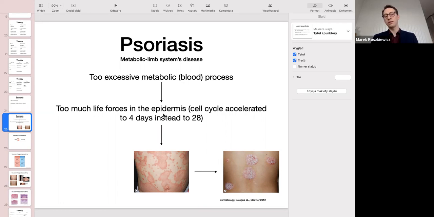And it is well known that these epidermal cells cycle from the stratum basale, the living layer of the skin, going upwards to the dead sphere. It takes 28 days. But in psoriatic patients, it's like 4 days. So it is building up very fast, and this death process is not strong enough.